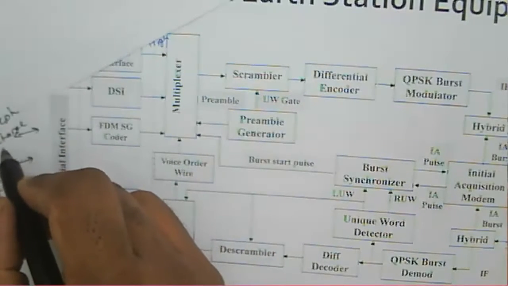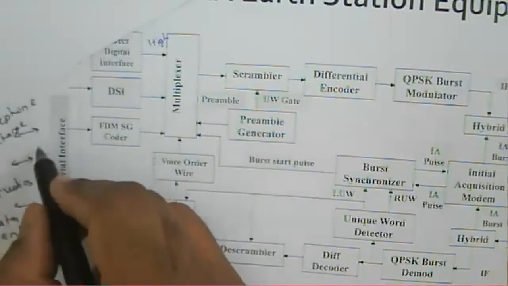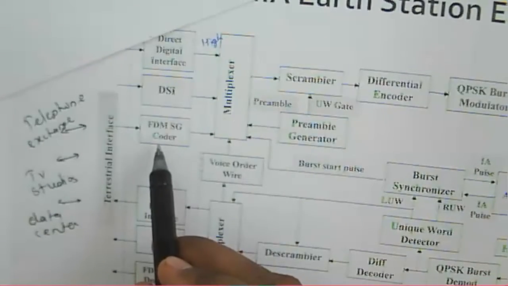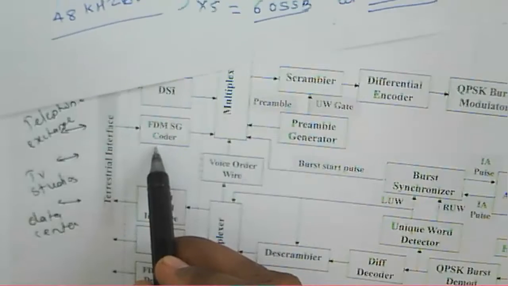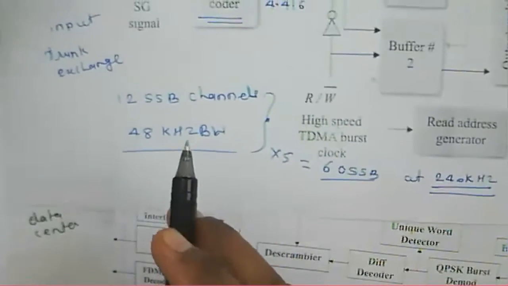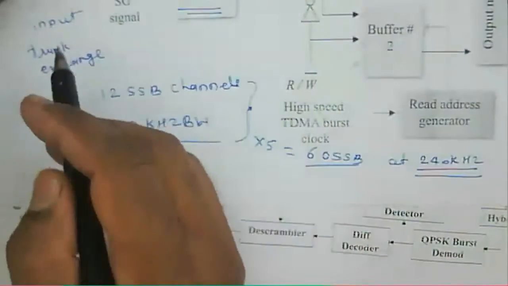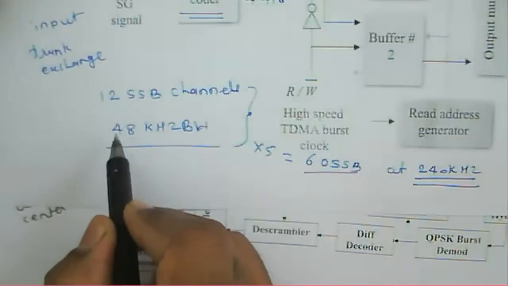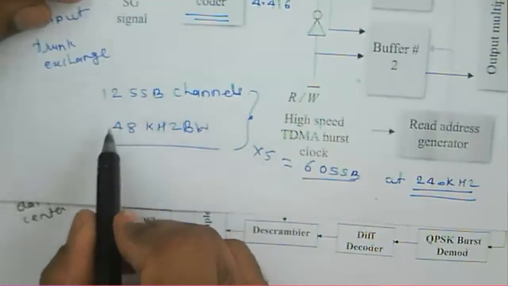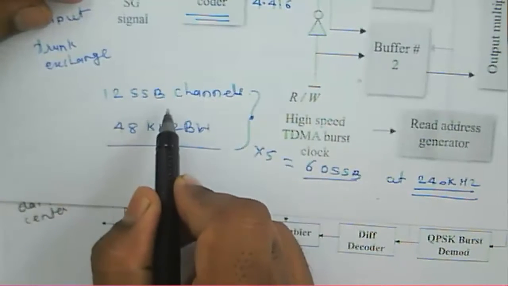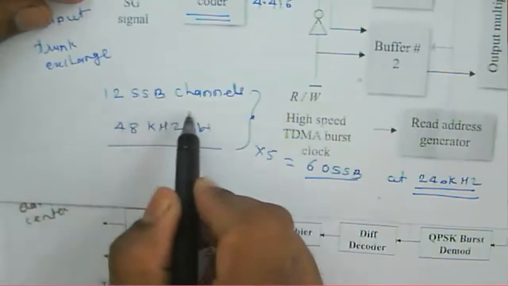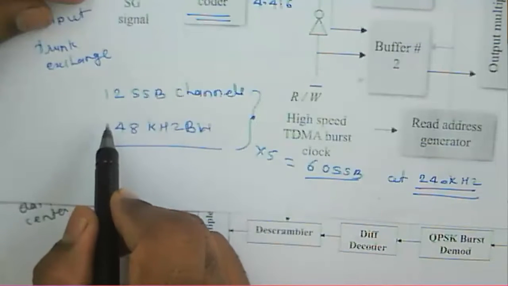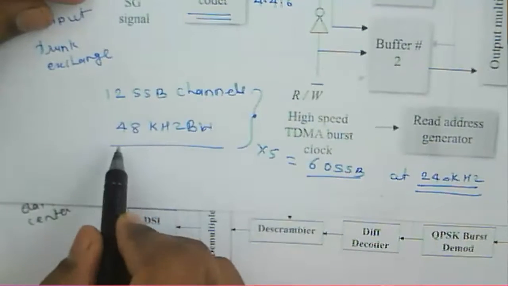So it is supposed to be considered that the input is from the trunk exchange or a telephone exchange to this FDM supergroup, and we suppose there are 12 analog channels or analog voice channels that are multiplexed into this particular 12 SSB channels on a basic group of 48 kilohertz bandwidth there.